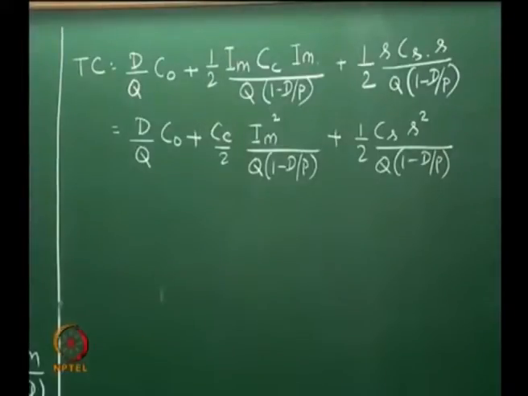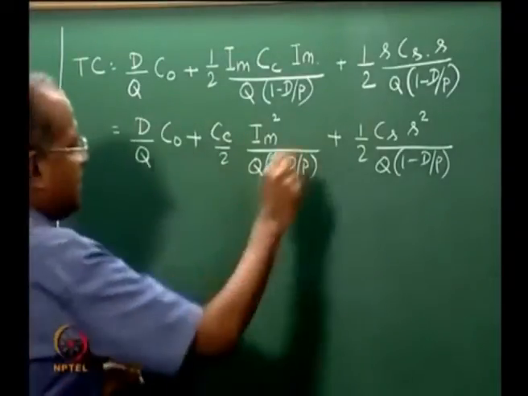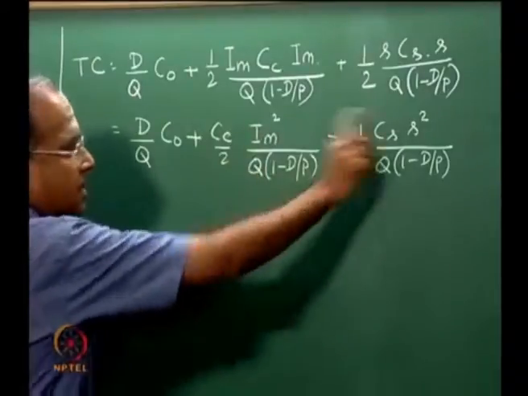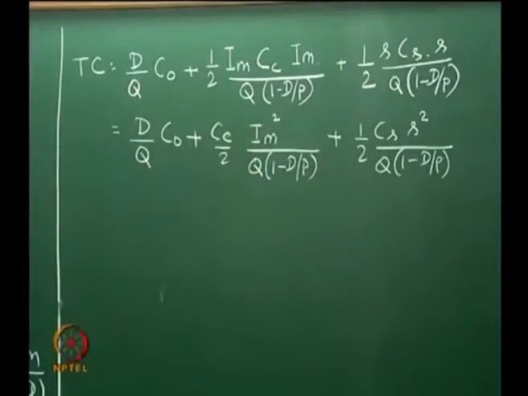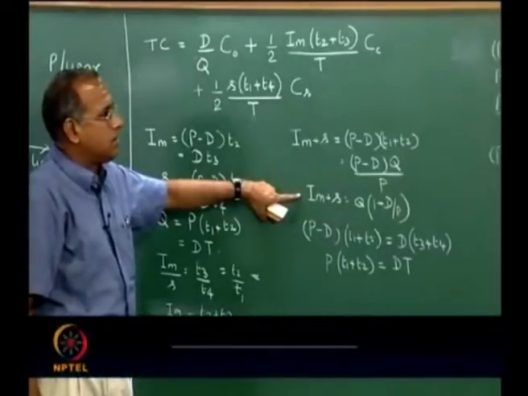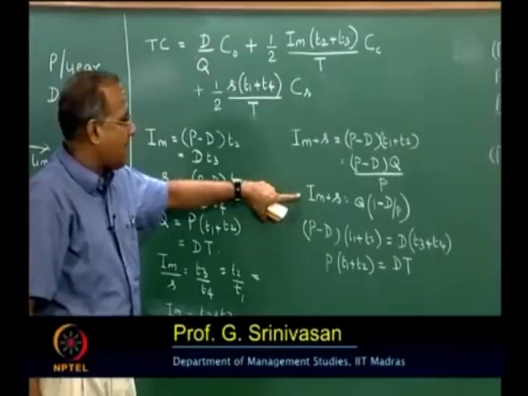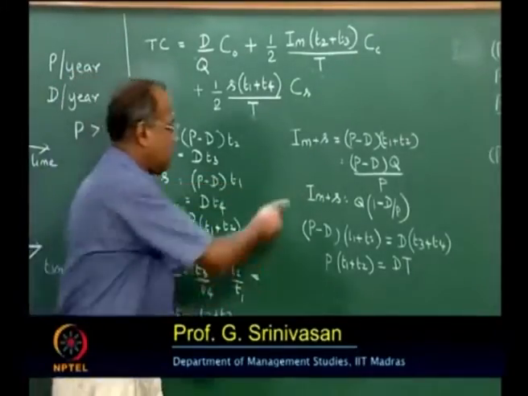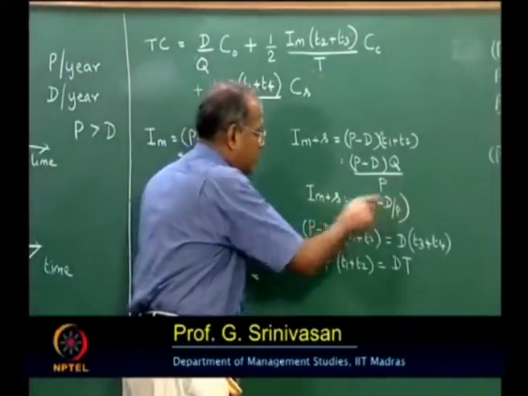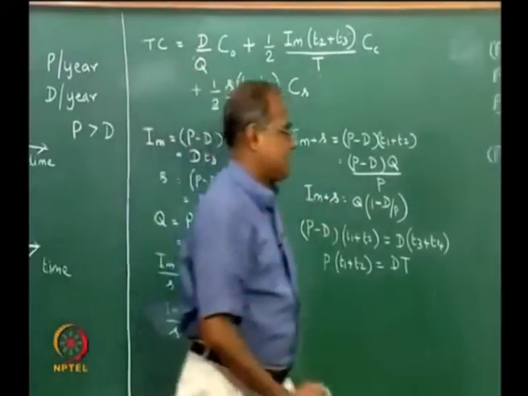Now, we still have 3 variables here which are Im, q and s. These 3 are also related and we have the relationship Im plus s is equal to q into 1 minus d by p.